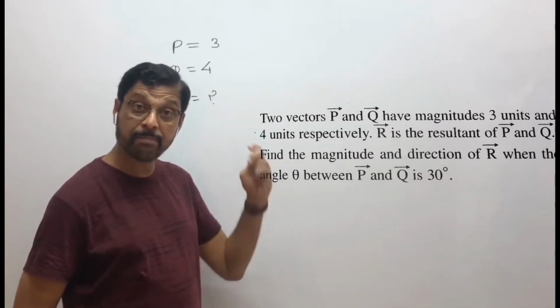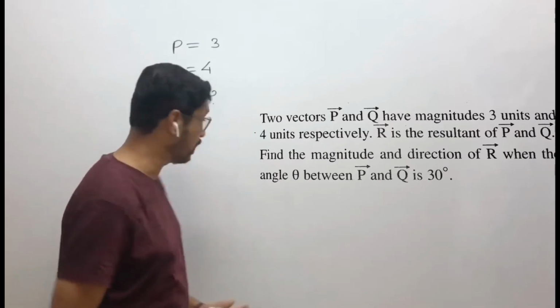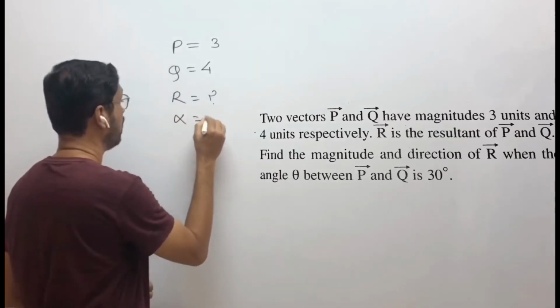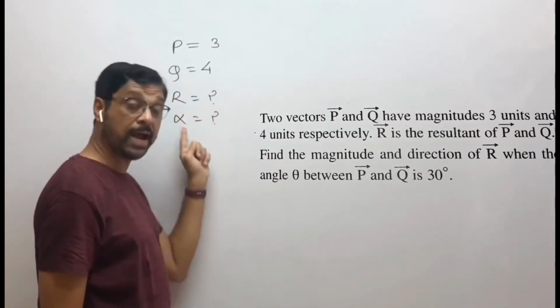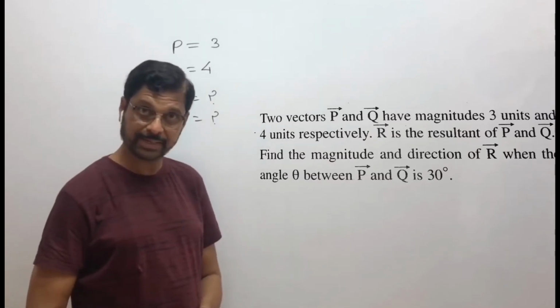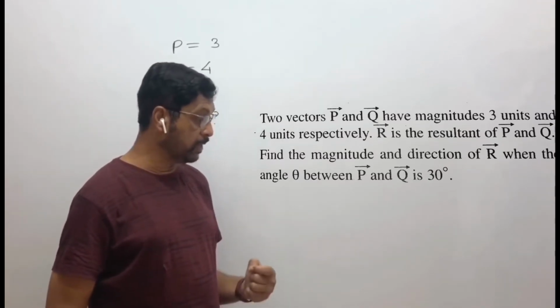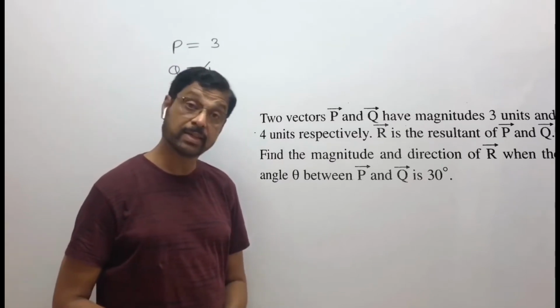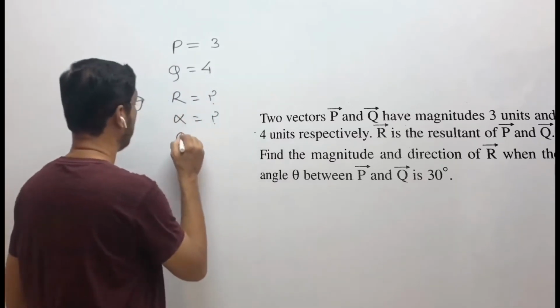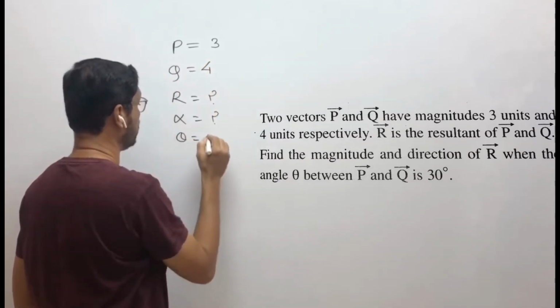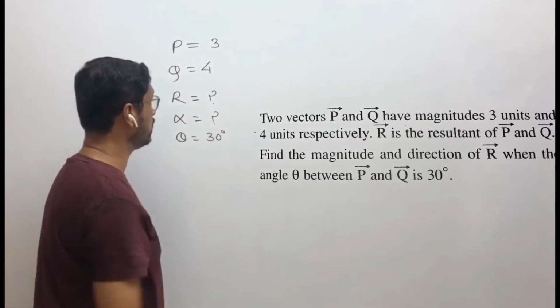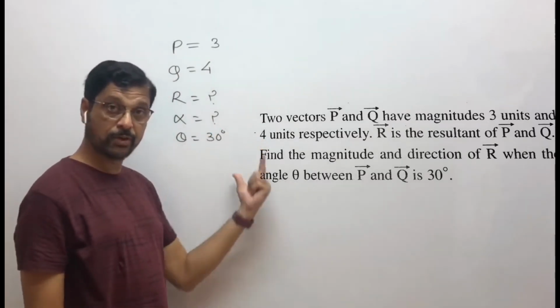The angle made by the resultant with the first vector. So you have to find the value of alpha, magnitude and direction. Correct? So further he says, when the angle between P and Q is how much? 30 degree. Means theta. Angle between P and Q, theta, is how much? 30 degree. So this is your data.